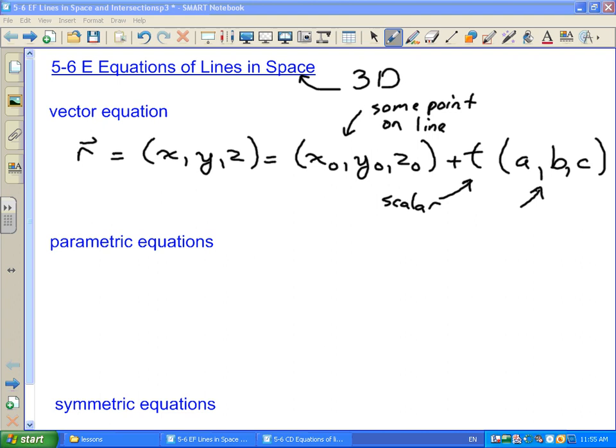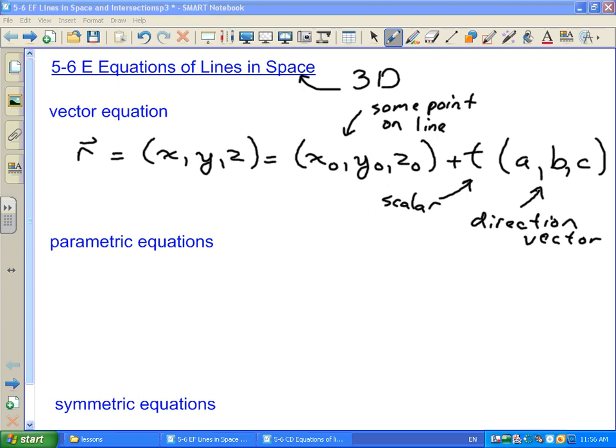This is our direction vector. So once again, very similar to our 2-dimensional equation, except, again, we've got this z coordinate in both our direction vector and in the coordinates for our points.